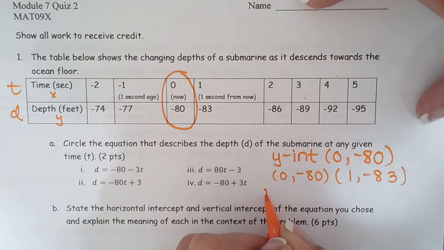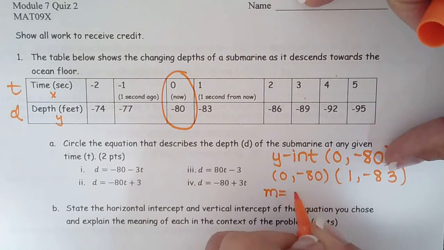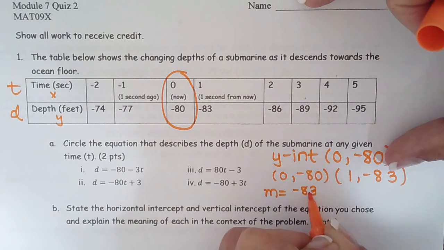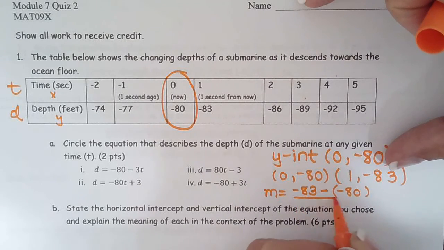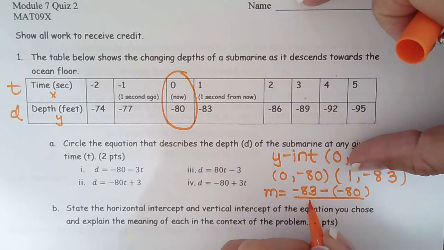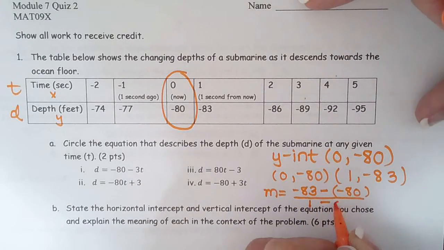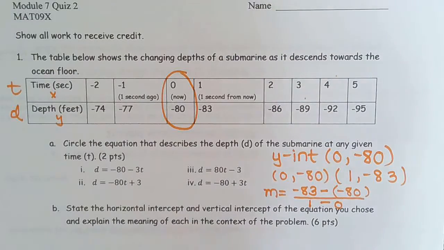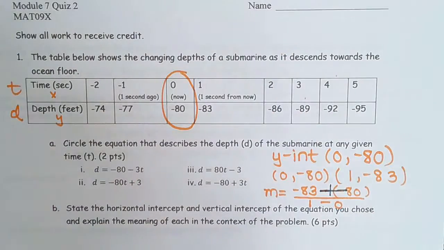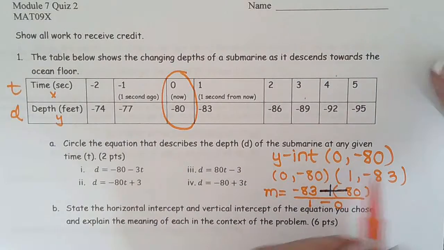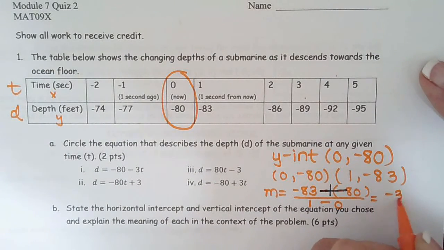So second y, -83, minus the first y, which is -80, over second x, 1, minus the first x, 0. So we have that double negative there, so we need to change that to positive. And that looks like -3 over 1, which is really just -3, right?